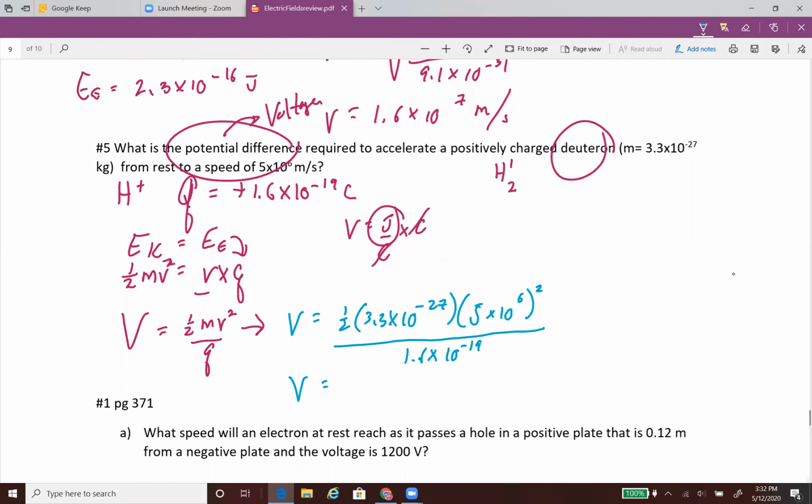That would give you a voltage of about 2.6 times 10 to the 5 volts. All right. Any questions? Okay, 2 more, and then we're done.